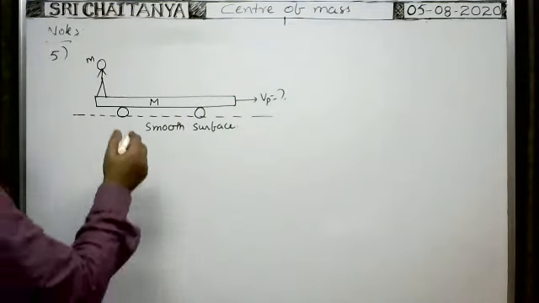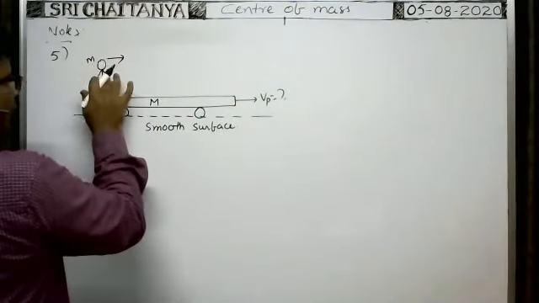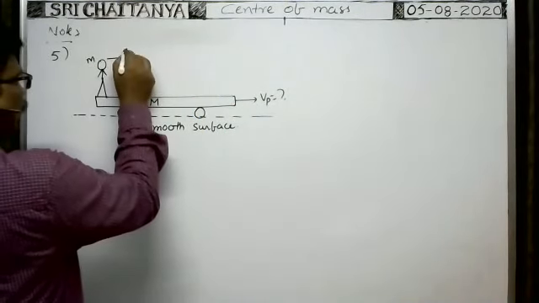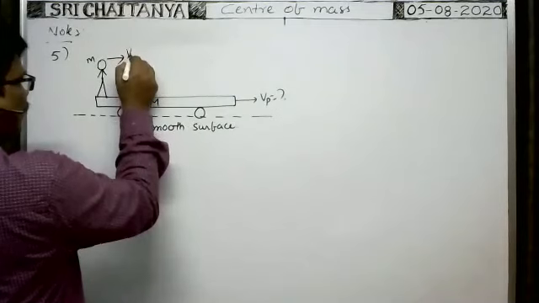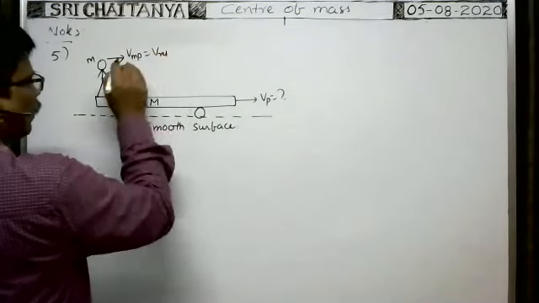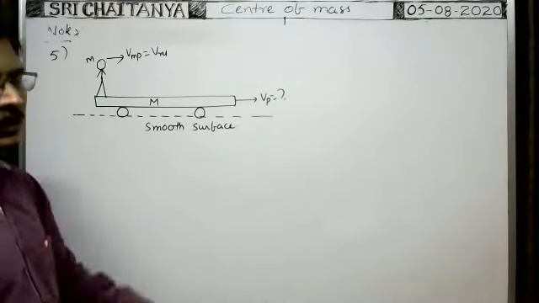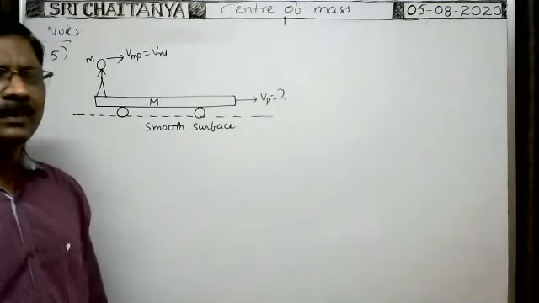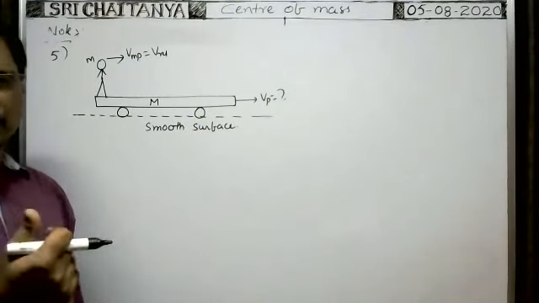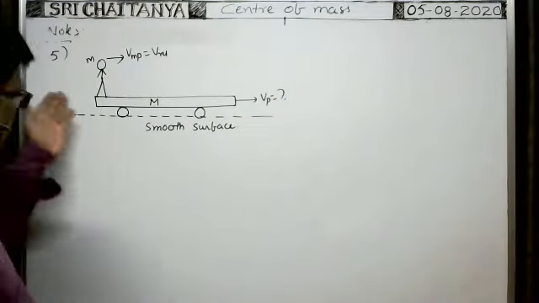Now, suppose this man starts running with a velocity v relative, that means the relative velocity of the man with respect to the platform is v relative towards right. Tell me, in general, in which direction will the platform travel? Backward, in this direction.